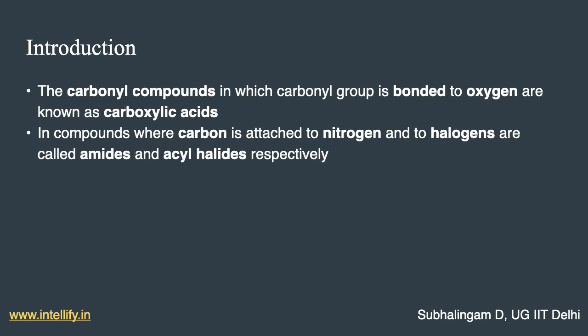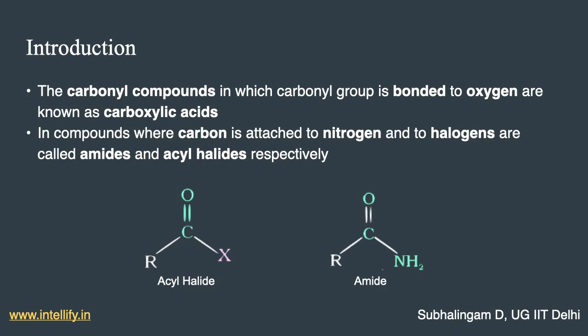Here carbon means the carbon belonging to the carbonyl group, C double bond O. The one on the left is an acyl halide, RCOX, and the one on the right is an amide, RCONH2. Again, carboxylic acids are different from carbonyl compounds; by carbonyl compounds I mean only aldehydes and ketones.